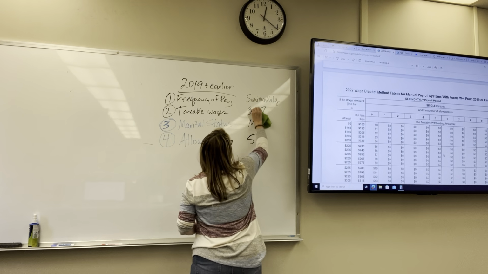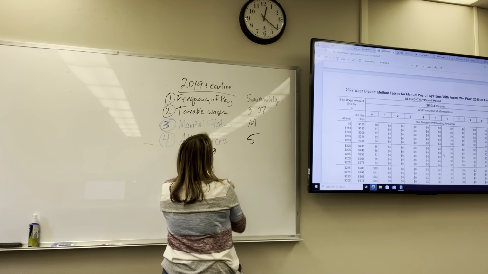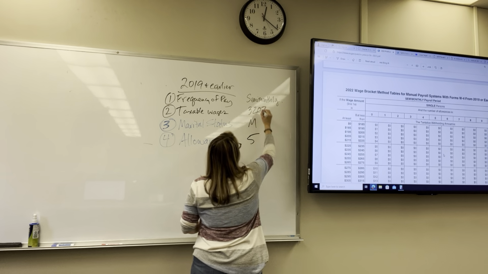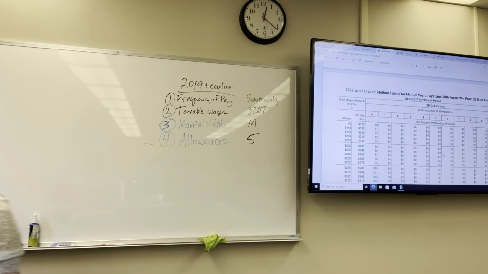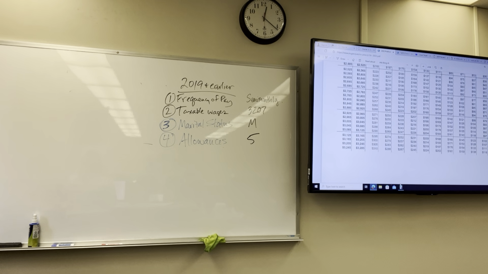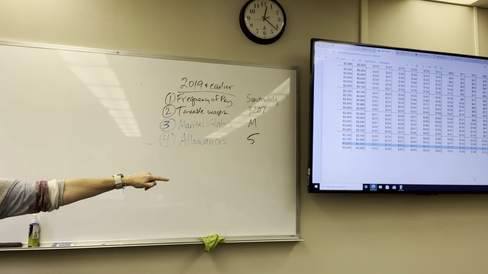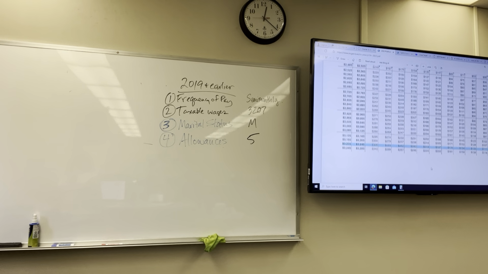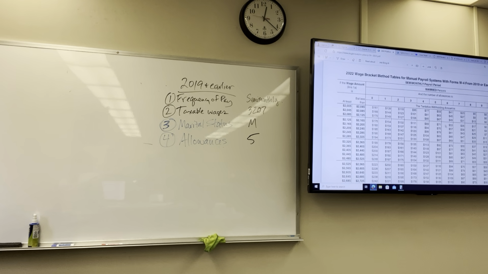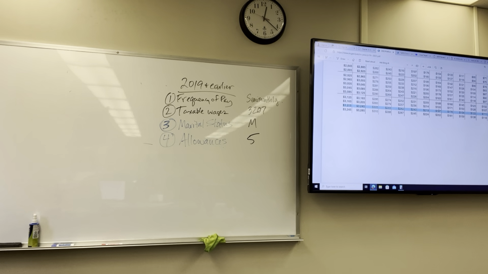Let's say $3,207, because I want it to fit on both. All right, so $3,207 is between $3,205 and $3,245. So here's the row we're going to look at. We find the number of allowances, so 5 allowances, this column here, so 197.